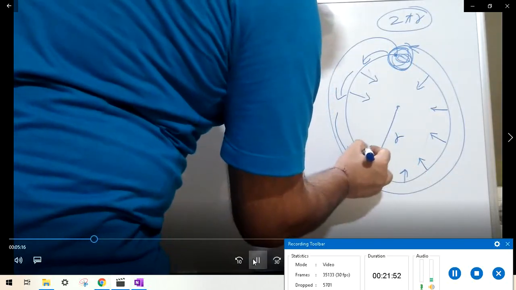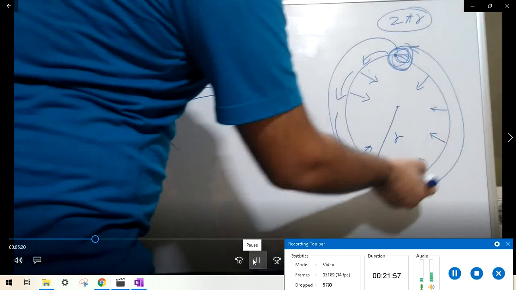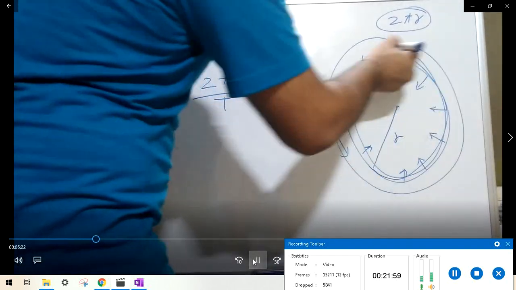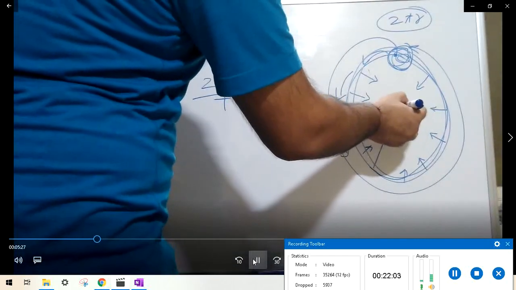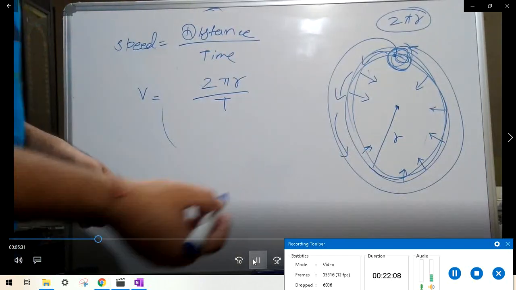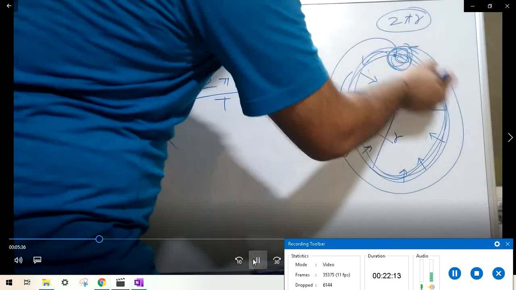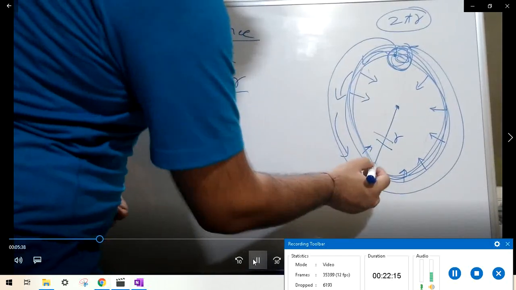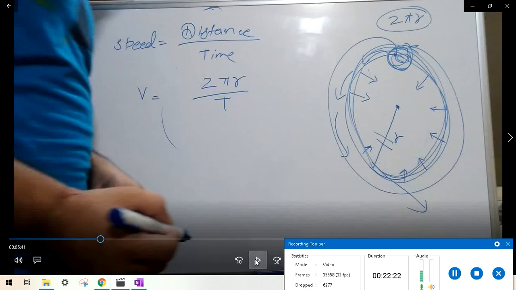Because of that force, the objects keep trying to come inside the circle. Let's say you are rotating a stone tied to a string, and if I cut the string at this place, the stone will directly go in a straight direction. Here I am taking the example of the tangential direction, the tangential velocity.